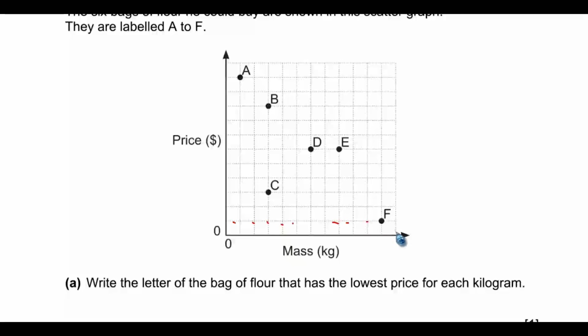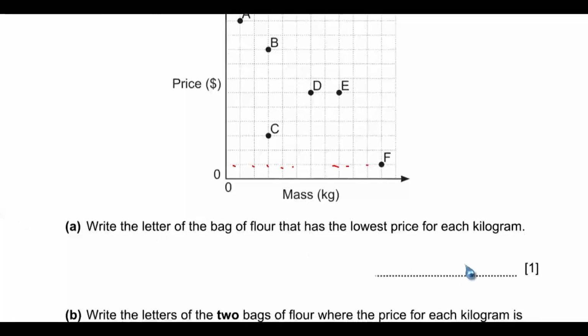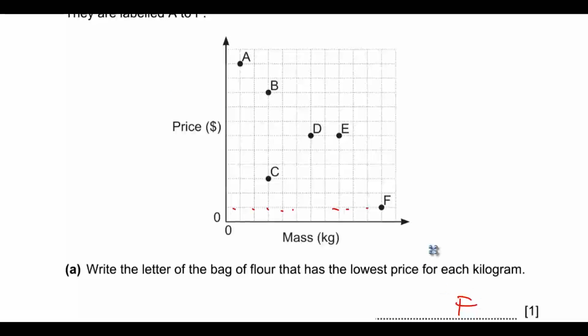So that will be letter F. For each kilogram here, the price will be the lowest for point F, so it will be $1 compared to other points. For point C, for each kilogram, it will be $3.